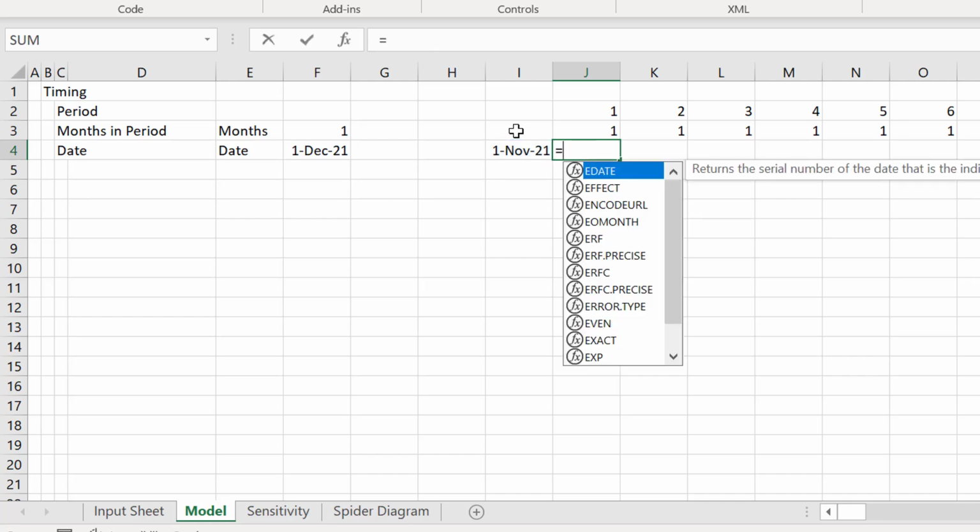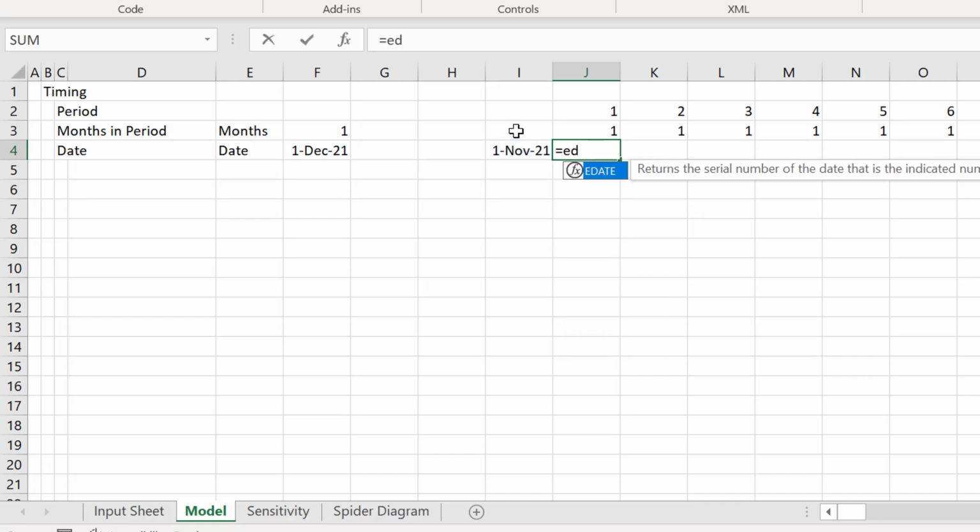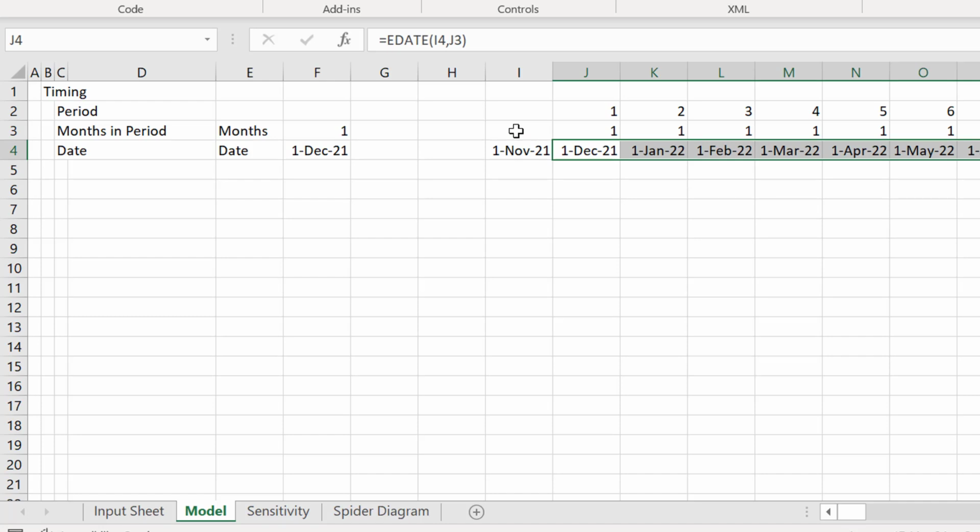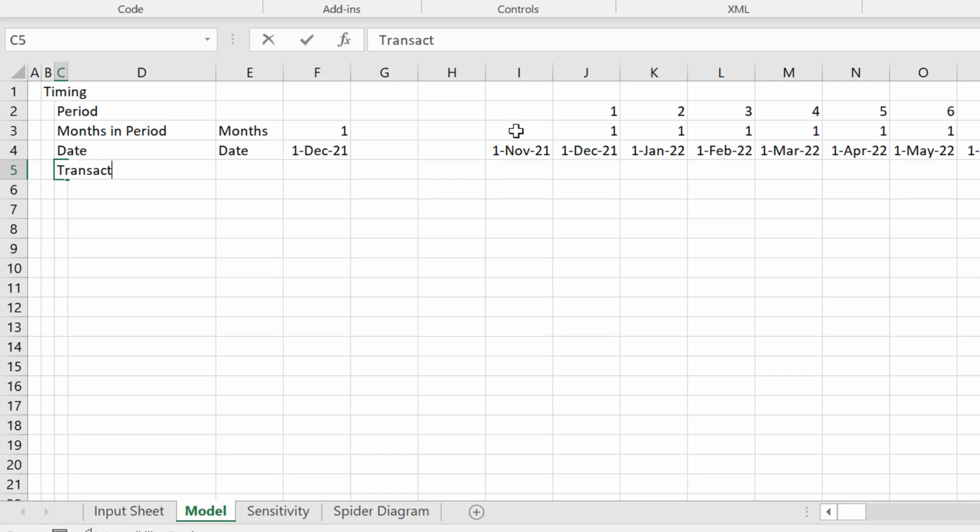And then we put equal E date, and we put this comma 1. Now I just realized something. If we want to be really careful about our transaction date, this might not be so good. But we're going to put our transaction date here, and let's make that a flag.